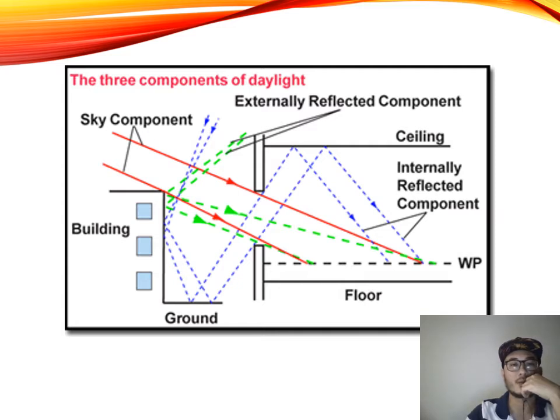You can see this dotted blue line, and then lastly it reflects to the ceiling before it enters the area of the internal room. So this internally reflected component has been reflected many times, which means that the light intensity has been reduced by a large percentage.